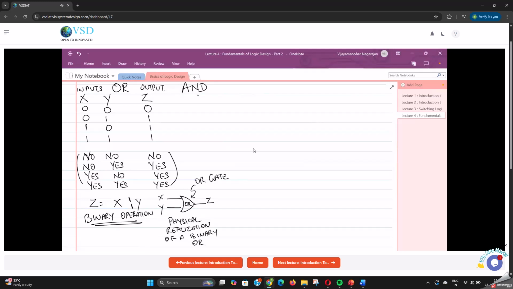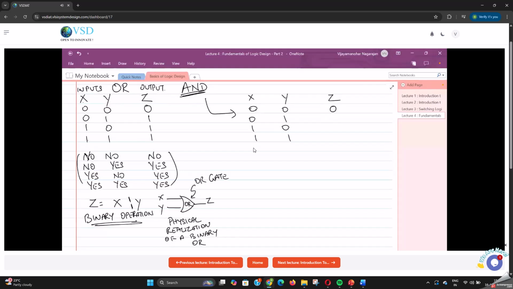Similarly, AND. Let us look at AND. X, Y, Z. So again, these are the possibilities. 0, 0, 0, 1, 1, 0, 1, 1. Now AND means what? X should be met and Y should also be met. Correct? That is the meaning of AND. So that means here it will be 0.